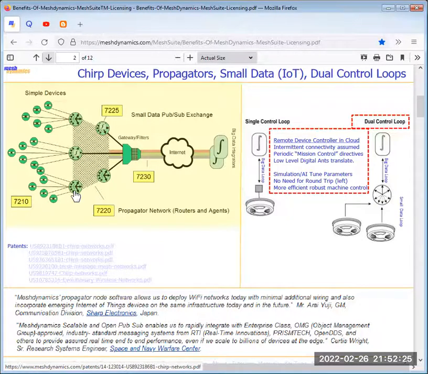So that overlay is running on top of a best efforts IP backbone, which prefers large packets. So it's part of how synchronous local machine control loops can be executed by something I call the dual control loop. And we've had some success with this, which I can get into at some other time.